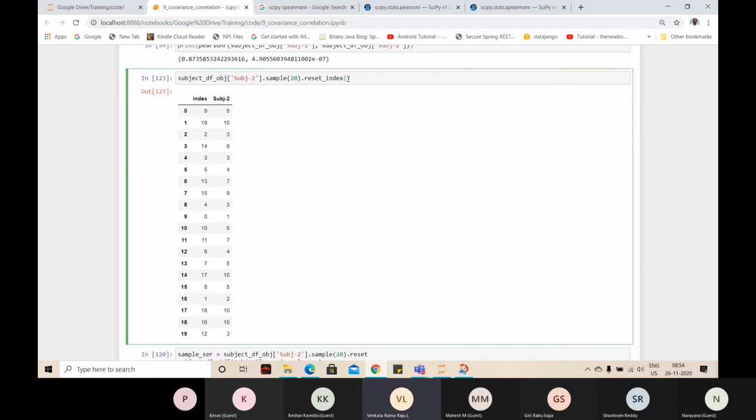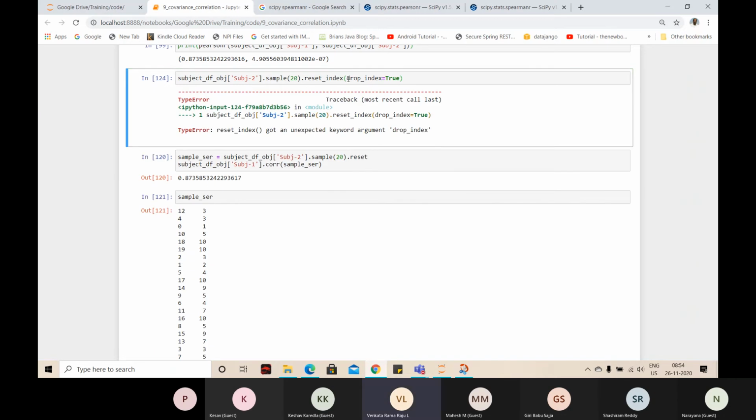in the drop index, I think. Drop index, reset index, series object.